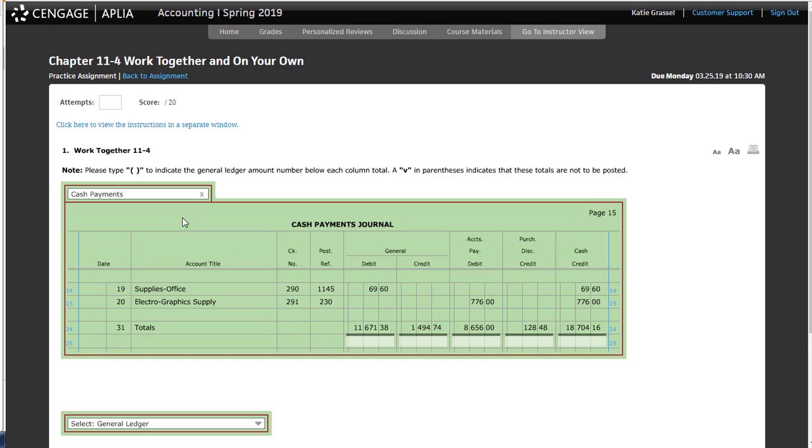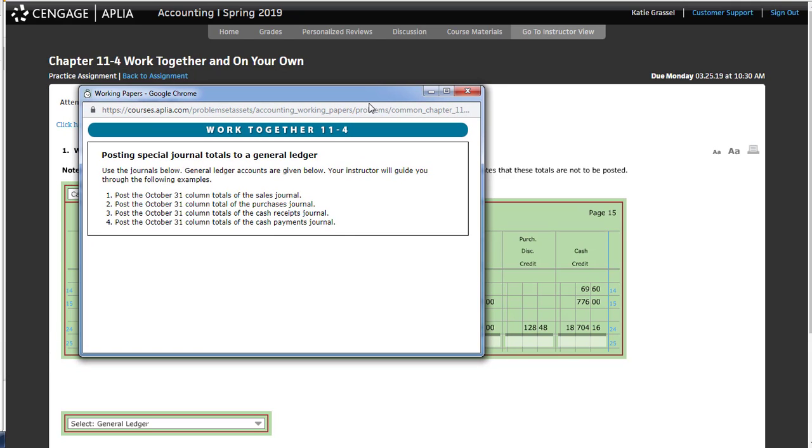So when we look at the directions, they have it listed in the correct spot, except we're missing one journal. What journal are we missing? No, purchases is the second one.